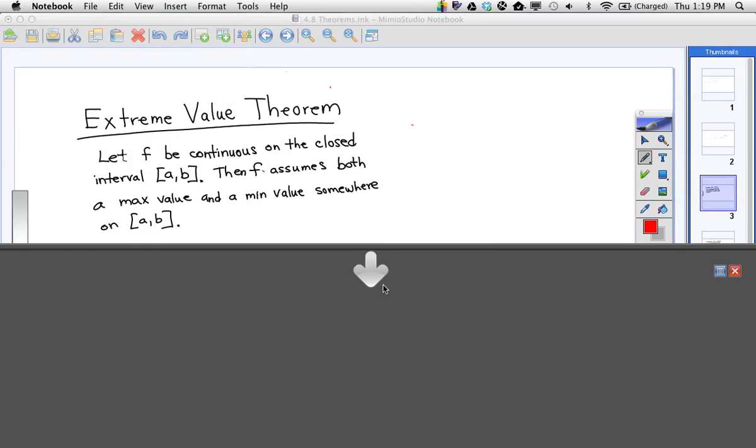Now, if I put the hole there, is there a max on that function? There is no max value on that function. Let's say that was 3, where the hole is. What would the max value be? There isn't one. If you say 2.9, I'd say 2.91. If you said 2.999, I'd say 2.9991.